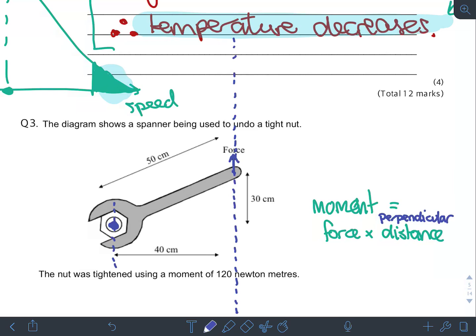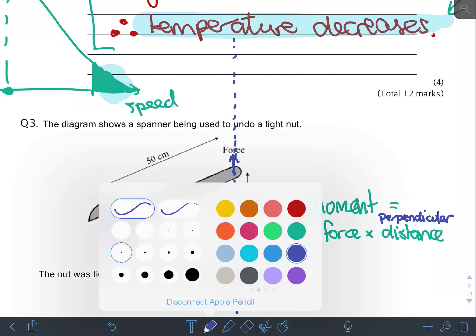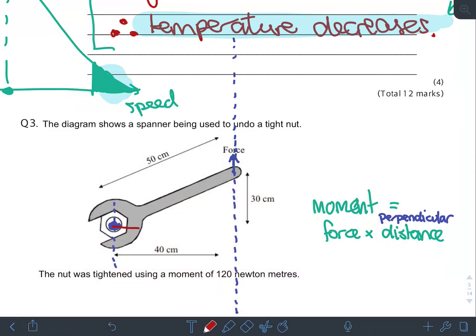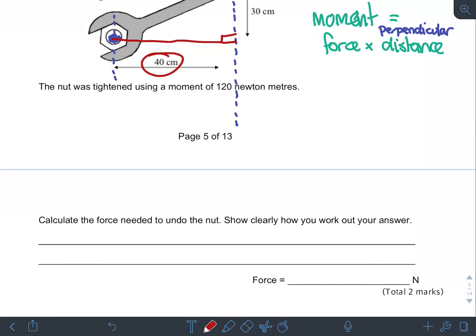I have to find the line that goes from the pivot, and it's the one that meets that line perpendicularly. So what distance do we need? It's this, it's 40 centimeters. Those of you that said the distance 50, that's the distance from where the force acts to the pivot, but it's not the perpendicular distance, which is the one that I've drawn here in red. So that's the first thing to spot.